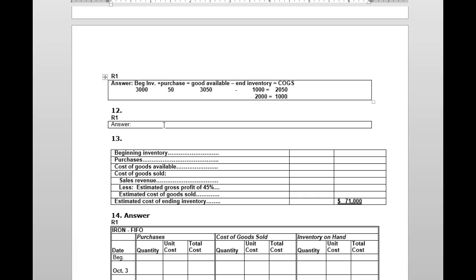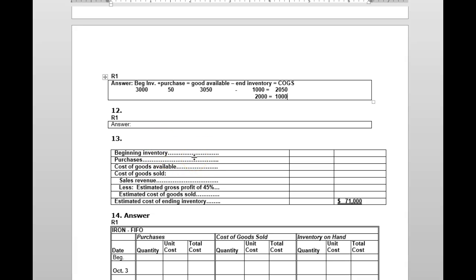On 13, it asks you, let's look at 13. They're calculating your gross margin, using it to calculate the estimated cost of ending inventory by the gross profit method. So what you're going to do is take some numbers and plug them in here.